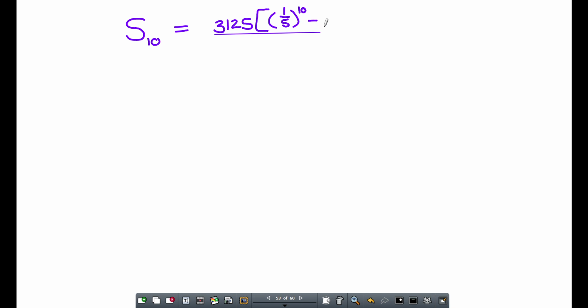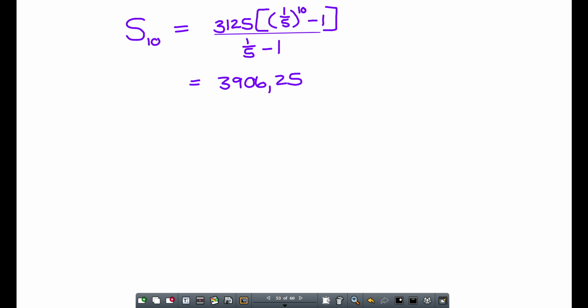Yeah, minus 1. And at the bottom, 1 over 5 minus 1. En dit gee vir jou 3906,25. Remember again to round off to 2 decimals, né? Is julle reg?